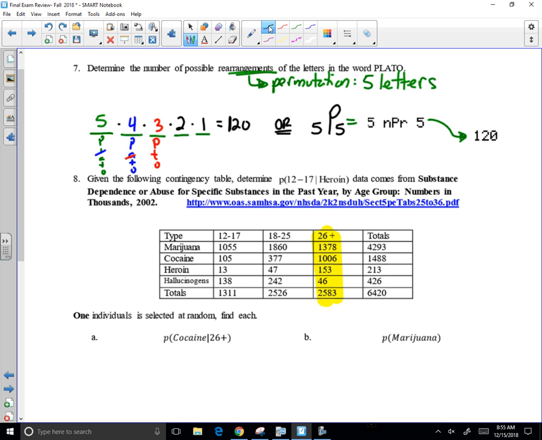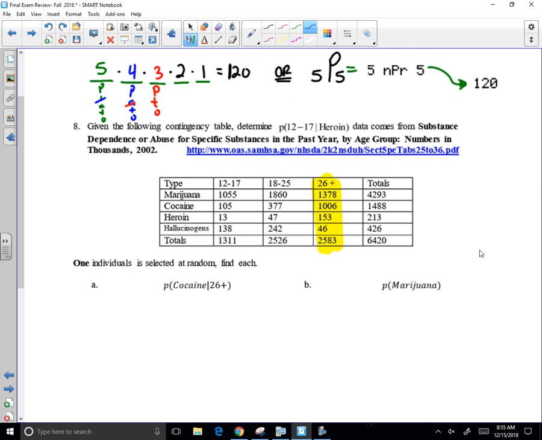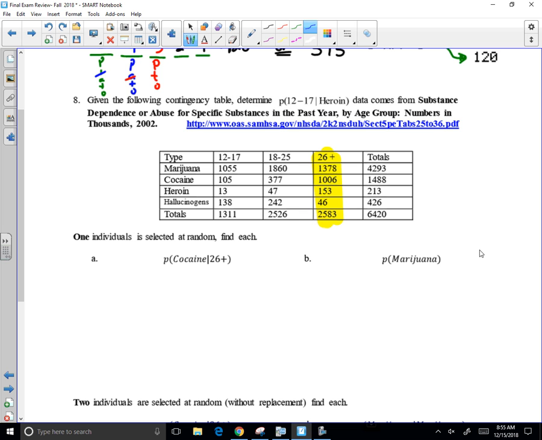You're not considering any other part of the table except for the part that is the given. From this highlighted column, we make the determination of the probability that a person is a cocaine user. So I'd look at cocaine users and the total.